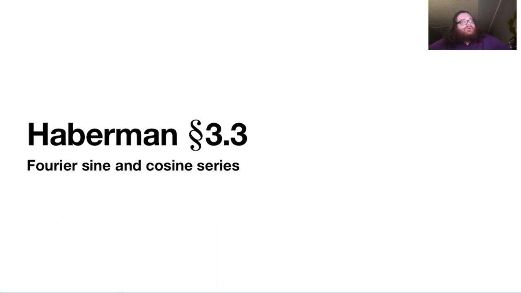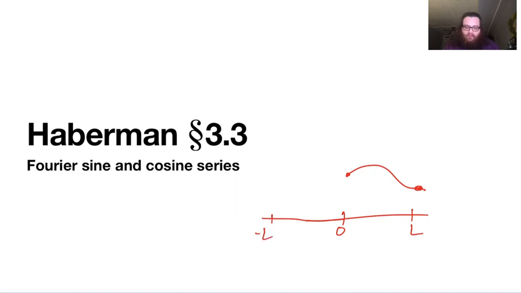But a little more generally, we can make sense of these Fourier sine and cosine series by considering certain extensions of functions. If we have a function that's only defined for the interval 0 to L, and we have some function like this, generally, if we want to compute a Fourier series, we need to know what the function looks like over here as well, because most of our setup says compute the Fourier series for this entire interval.